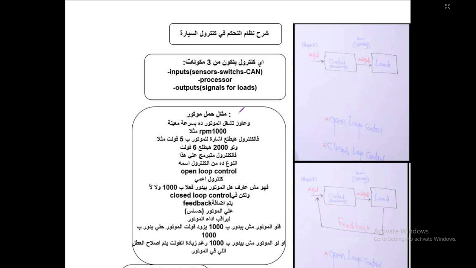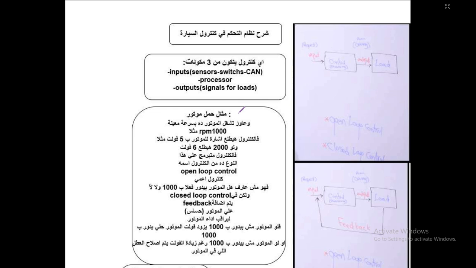The open loop is without feedback, so without any sensor that can watch if the DC motor actually runs at 1000 RPM or not. In open loop control with no feedback, the only thing the control can do is send the voltage to the DC motor.